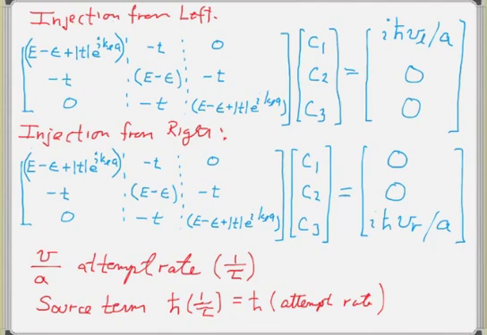Let's see. This tau is the time that an injected wave spends at a given site n. It's moving along with velocity v. The length associated with each site is a. So v divided by a is the average time it spends at any site n.